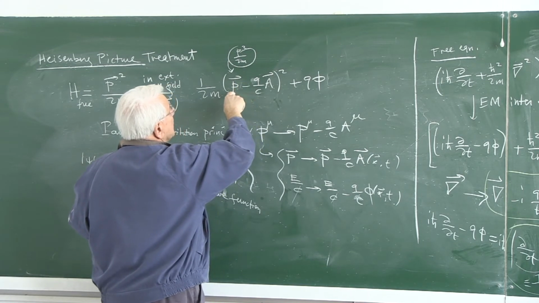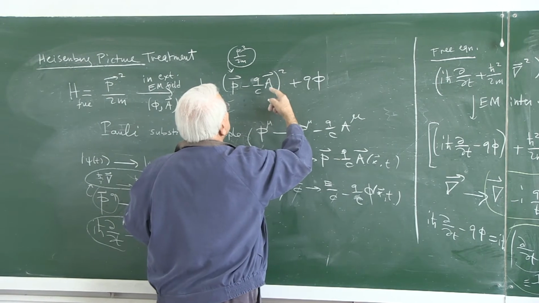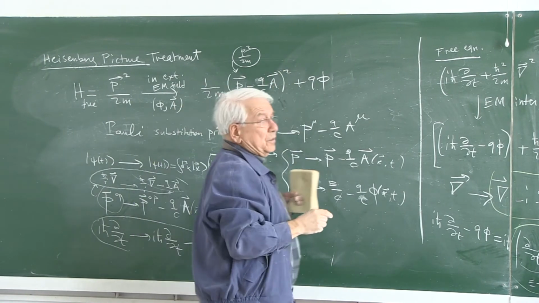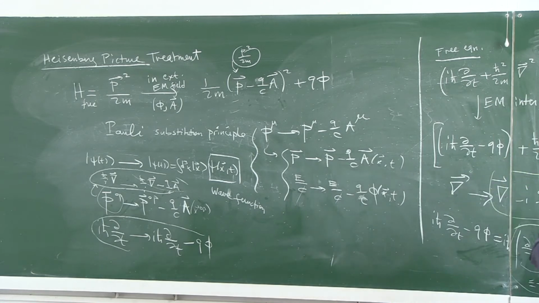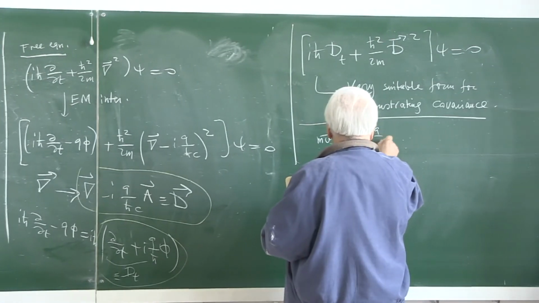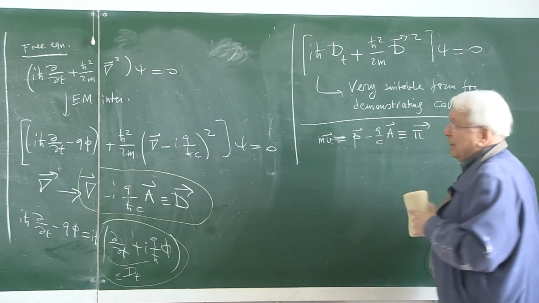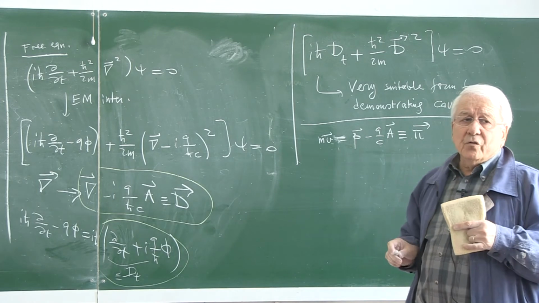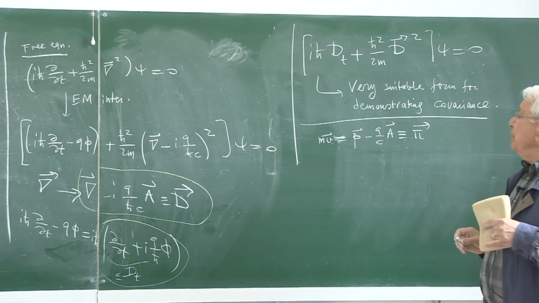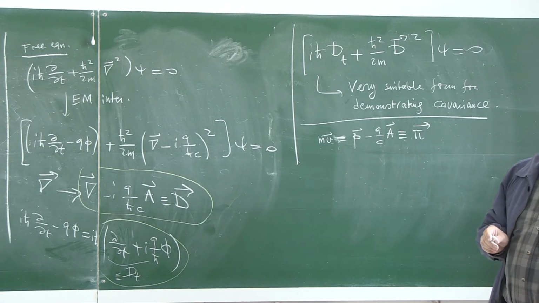So notice that it's not the p, but it is the p minus q over c A. So this quantity is what is really corresponding to the kinetic momentum, right? So mv is equal to p minus q over c A. We will give this a name. We will call it pi as a shorthand. So when you write it as pi squared over 2m, it's very similar to the p squared over 2m in language, but they are different things, obviously.